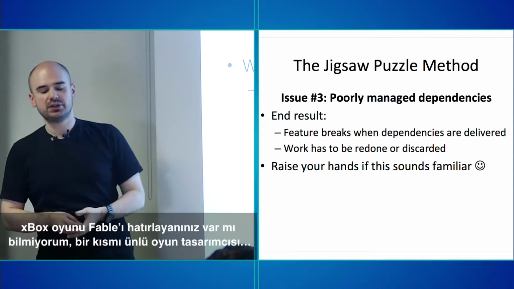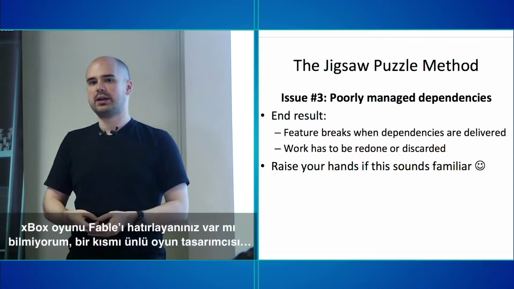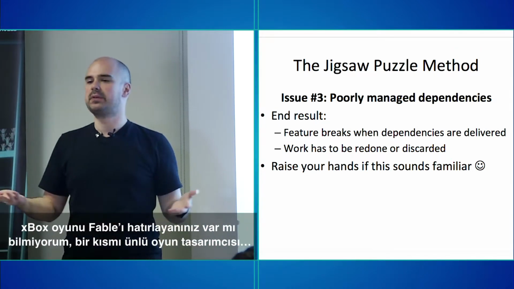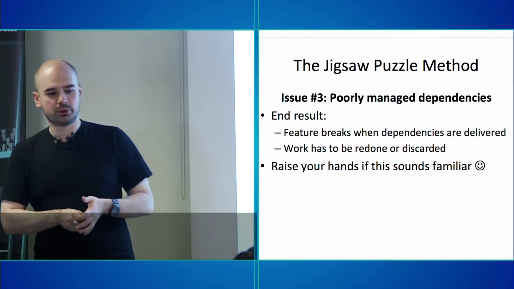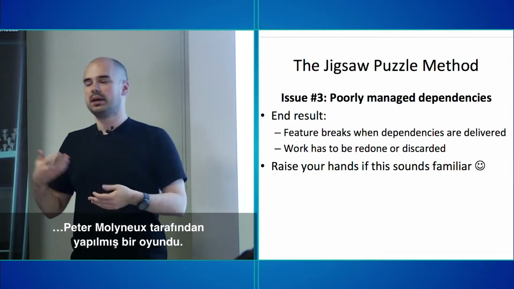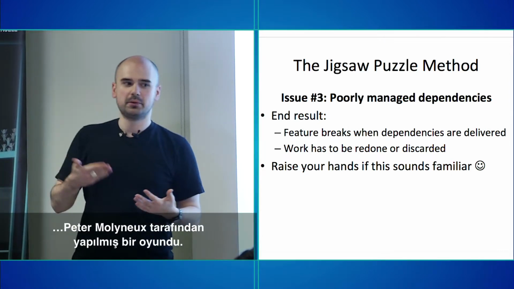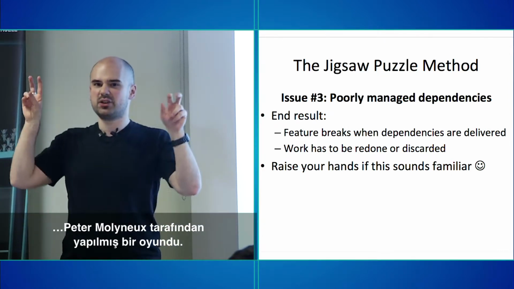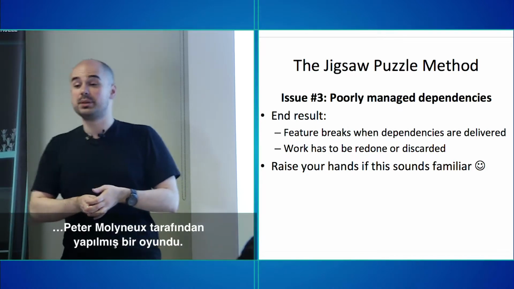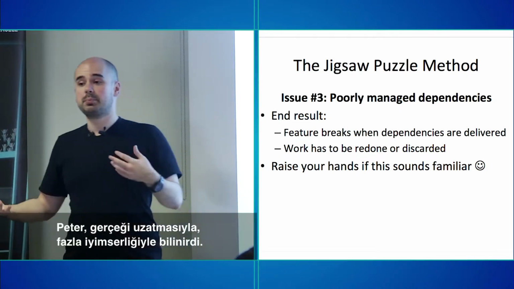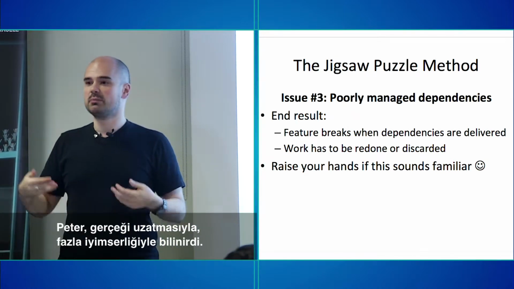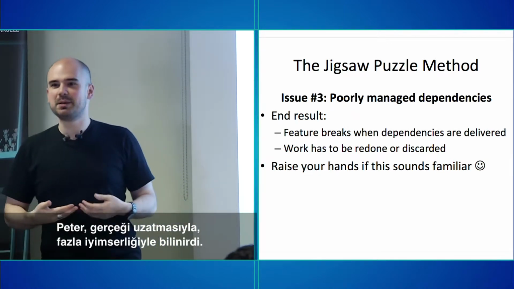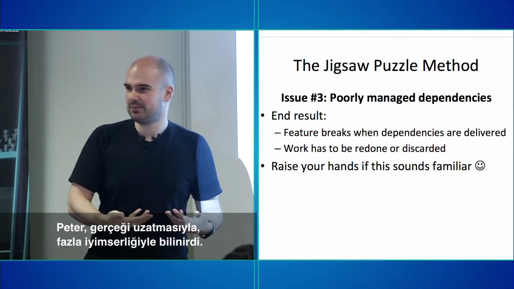For example, there's this classic story. I don't know if anyone remembers the Xbox game Fable. So some of the more nerdy among you will probably know this one. This is a game partially made by a famous game designer. I don't know if I can call him that anymore. Peter Molyneux. And Peter is well known for, as some people call it, maybe stretching the truth a little bit, maybe being a bit optimistic, right?